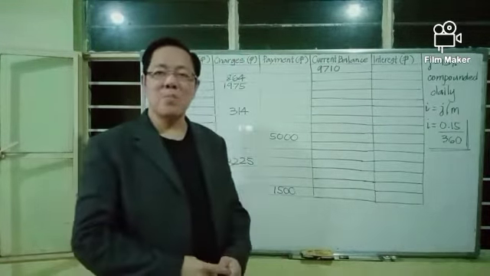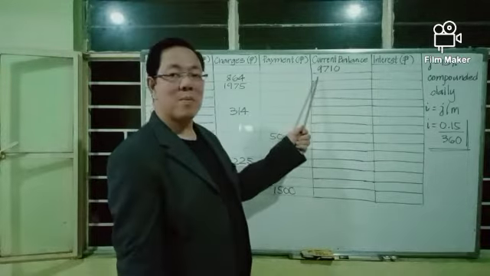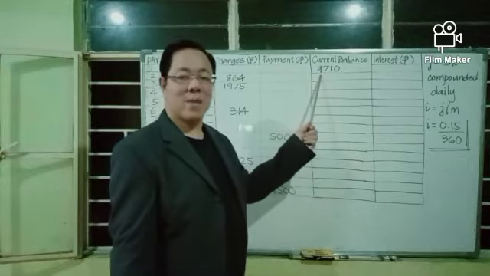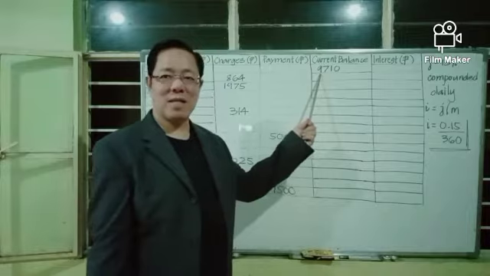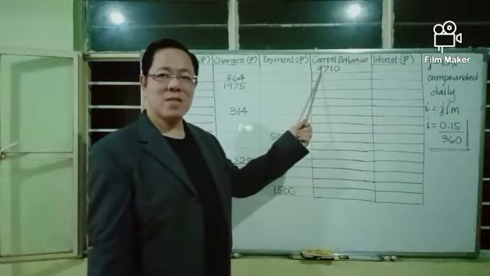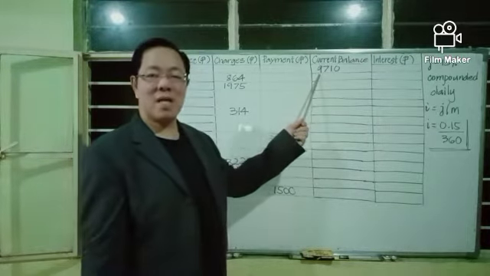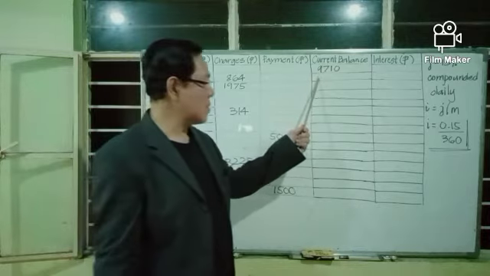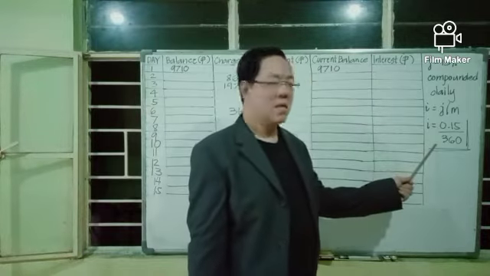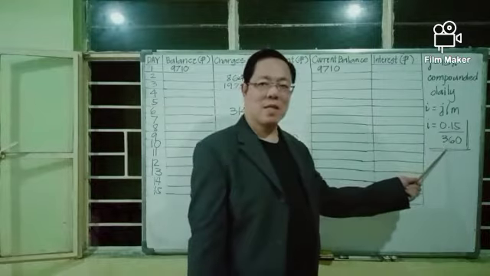And the interest will be computed at the end of the first day, November 1, based on this current balance, 9,710 pesos. The interest is obtained by multiplying this current balance, 9,710 pesos, by the interest rate per day, 0.15 divided by 360.